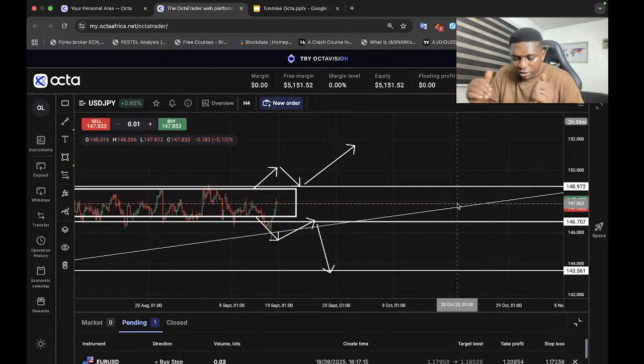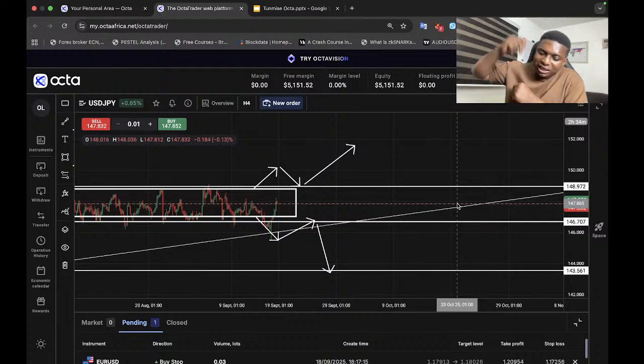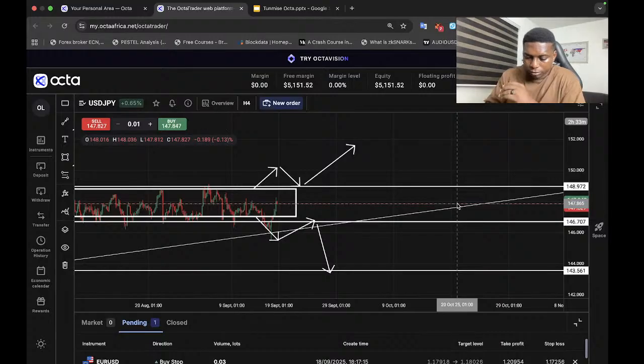What decision would you take? Are you going to buy or are you going to sell? Let me know in the chat box, guys. Would you take a buy or a sell?